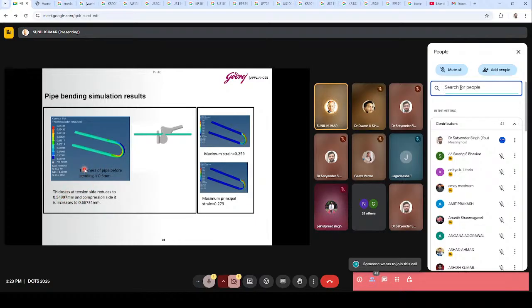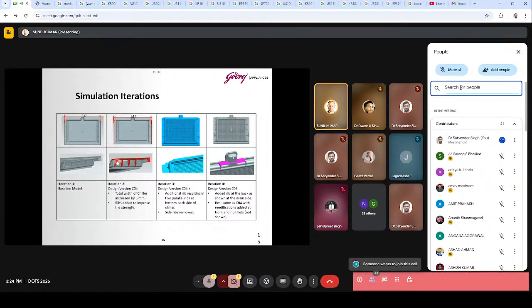On that basis we can increase or decrease the thickness, and if we want to go to the lower side for cost down, we can see how much it will be reduced. But in physical testing, we are not able to extract the exact thickness, so this is the way we can extract it through simulation.